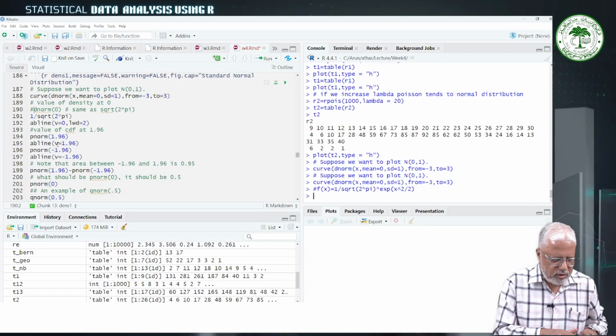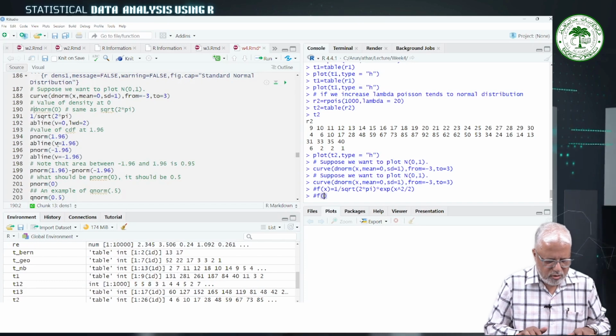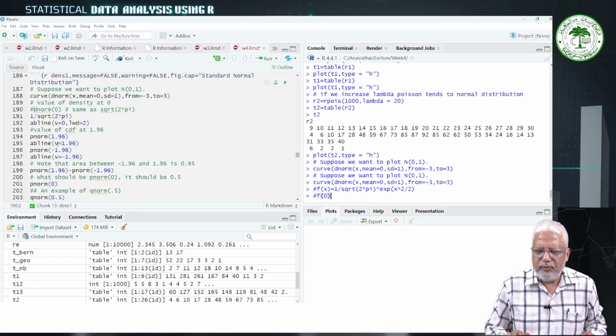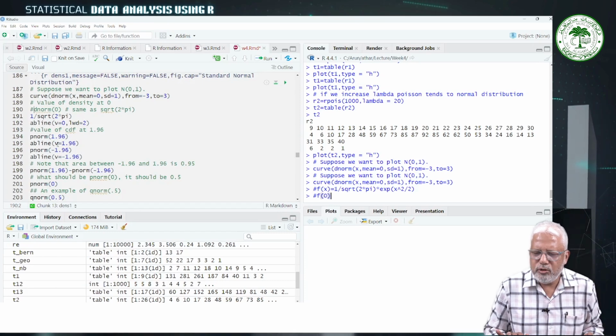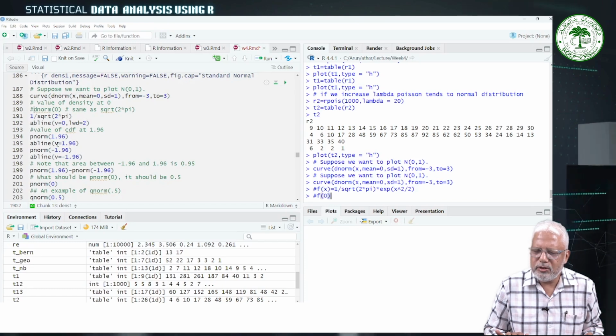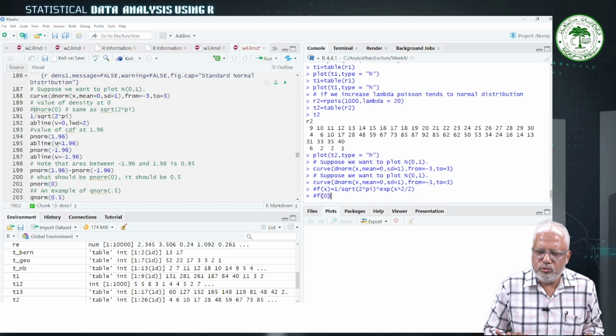So if we want to compute f(0), see what will be your output. f(0) is 1 by square root 2 pi, e raised to the power 0 square divided by 2. So e raised to the power 0 will be 1, and ultimately we are left with 1 by square root 2 pi.